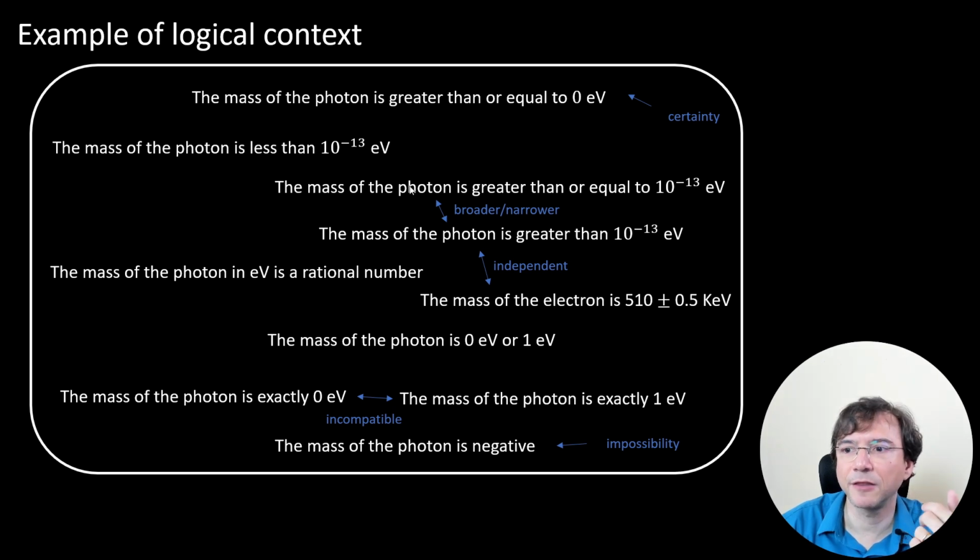The mass of the photon being greater than or equal to a particular value is broader than it being just greater than that value. The mass of the electron being something and the mass of the photon being something else are two independent statements. The mass of the photon being exactly one value and exactly another value are incompatible statements, because if one is true, the other must be false.